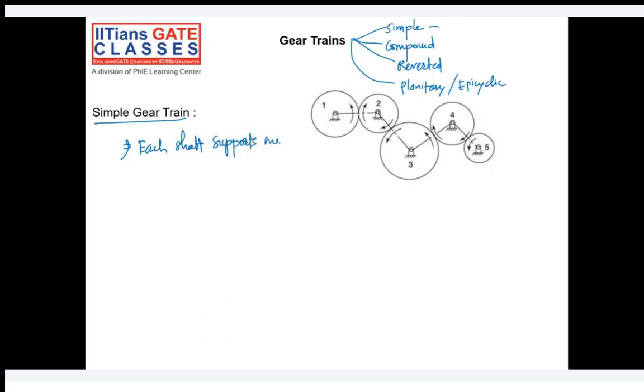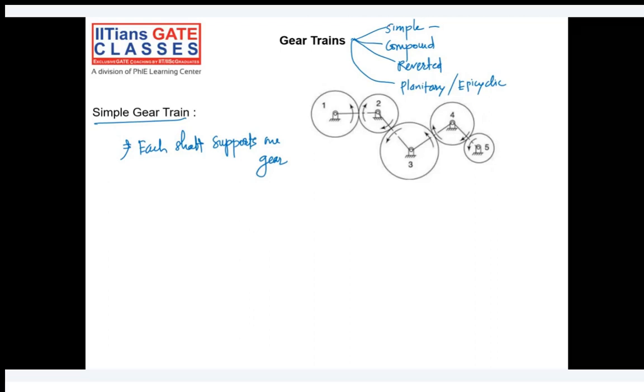Correct. In case of a compound gear train, we will look into the upcoming slides, but we can say more than one gear is mounted on a shaft, except the first and last gear. Let's say a shaft supports 2 wheels or something like that, then you call it a compound gear train.